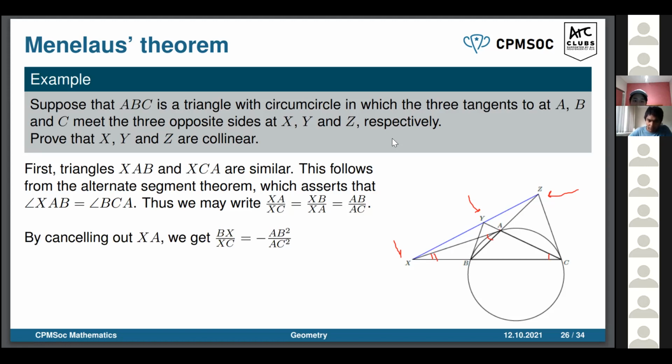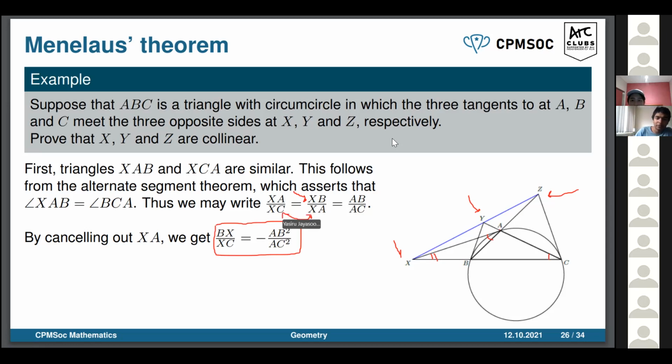Now we can use, which equation is it? BX over XC. Have a look at this equation. What's happening here is we're multiplying these two equations.